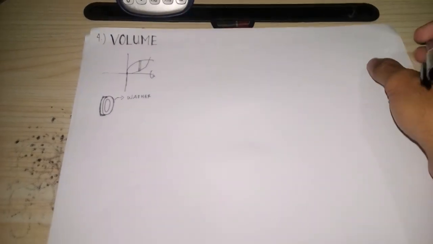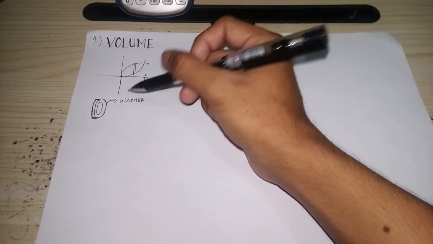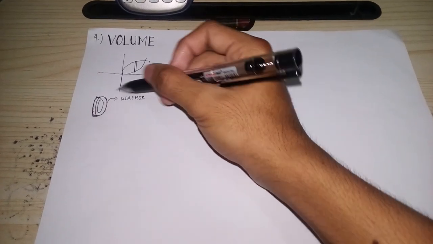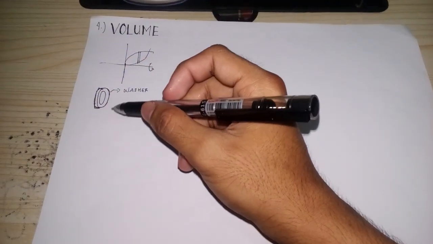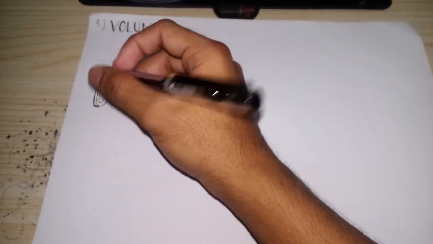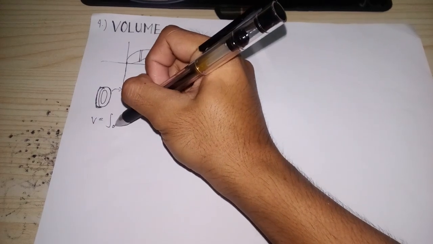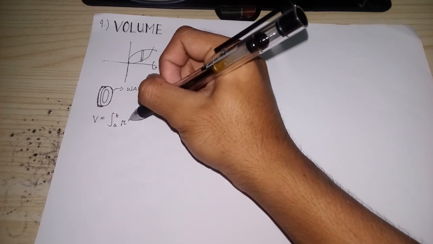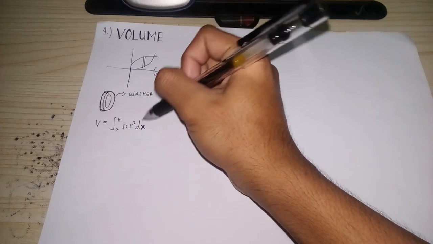By the way, there are other shapes aside from this, the disc and the shell, but since we got the washer, let's just solve this. So the formula of washer is volume equal to integral from a to b pi r squared dx. So that's our formula.